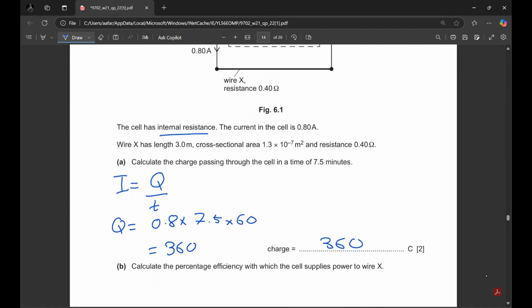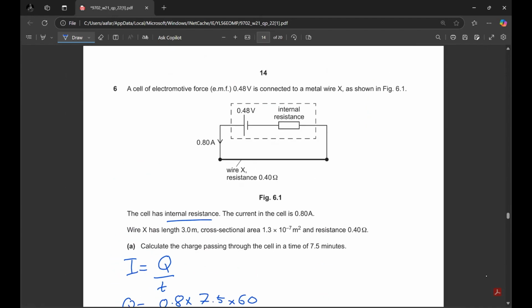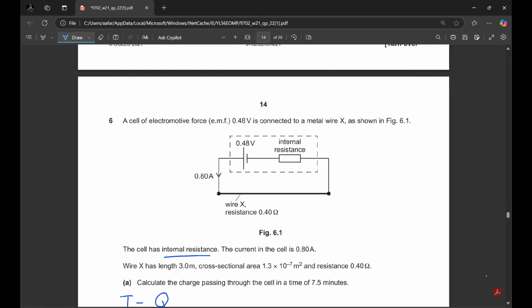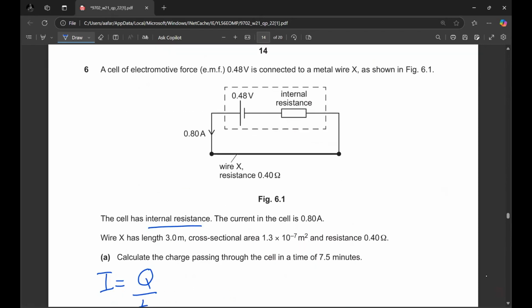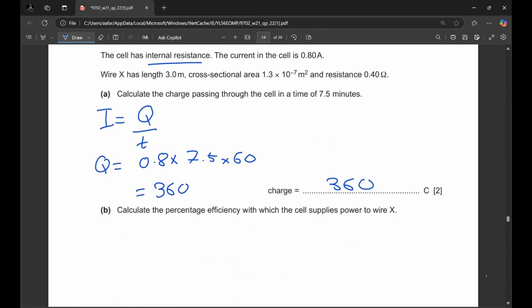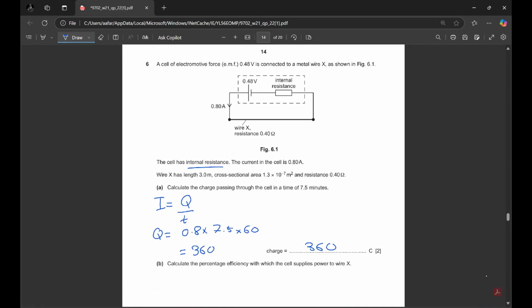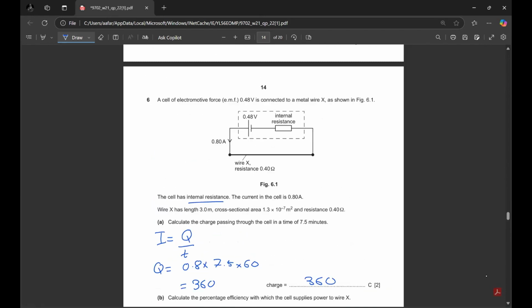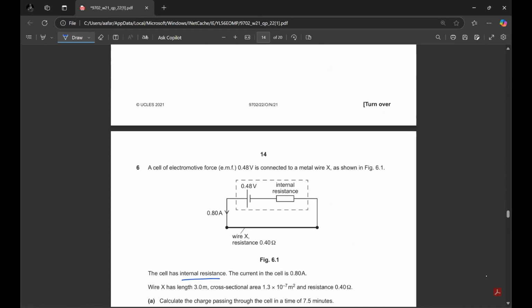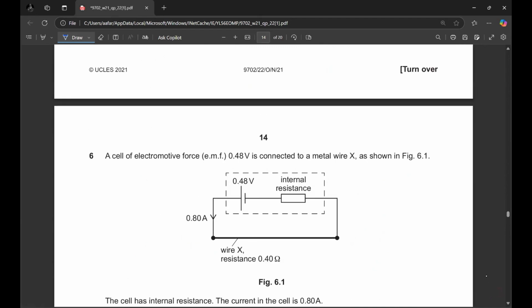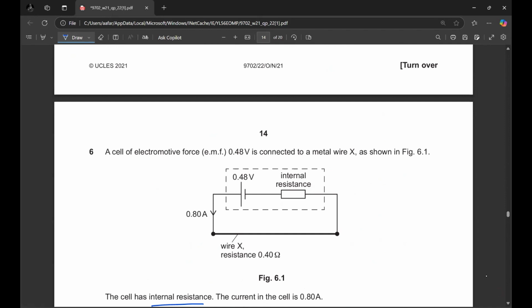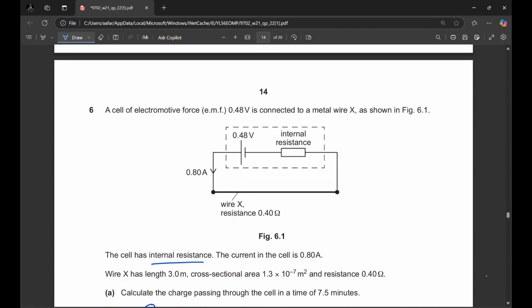Calculate the percentage efficiency with which the cell supplies power to wire X. Okay, so you know that the cell is producing a voltage of 0.48 volts.